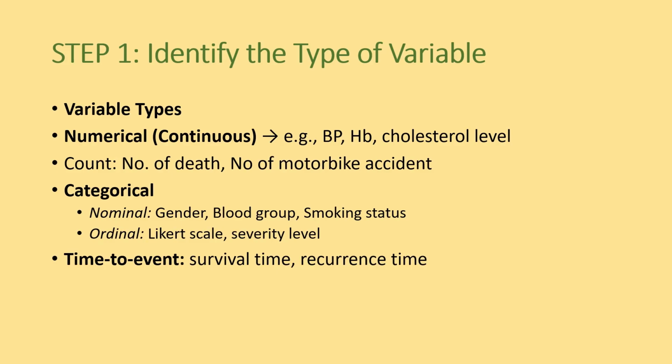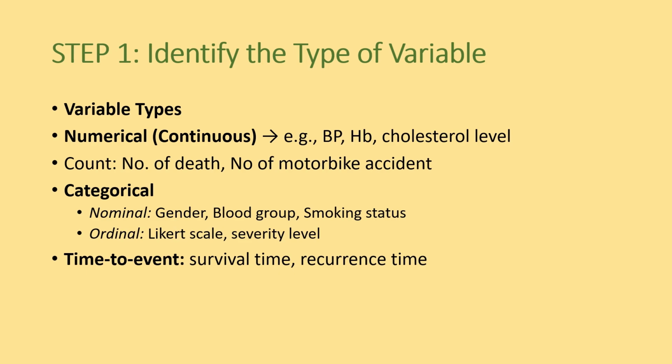Step 1 for selecting the statistical test: identify the type of variable. Types of variables: numerical or continuous, like blood pressure, hemoglobin, or cholesterol levels.